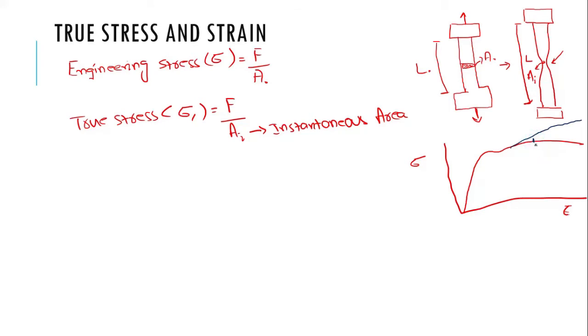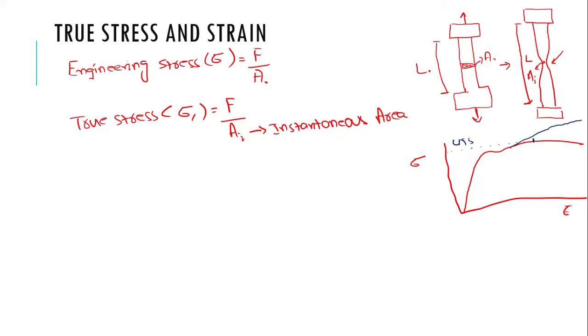After this strain hardening point, or the UTS as we saw in the last slide, it will further increase. Why is that so? Because the cross-sectional area starts to reduce, and the force applied is constant while the area is being reduced, so the true stress increases further. So the stress that is calculated based on the instantaneous area, that is termed as a true stress.